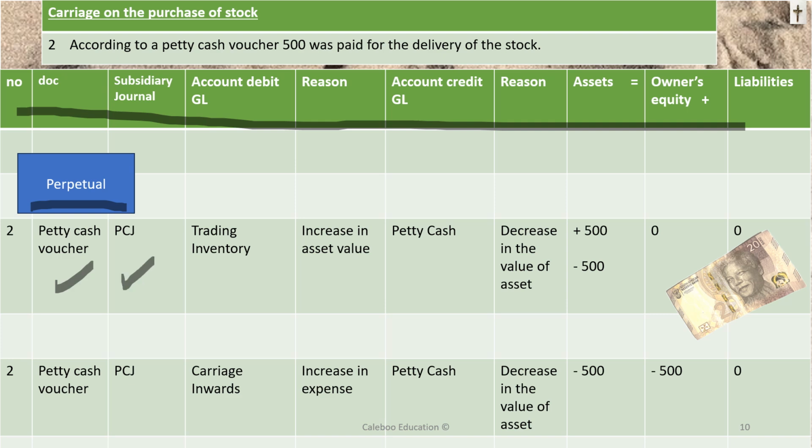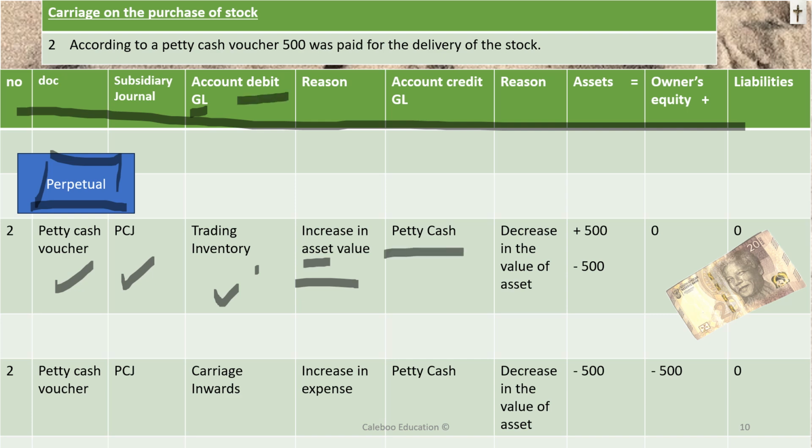It would be recorded in the petty cash journal. The account that is debited is trading inventory, and the reason why trading inventory was debited in the general ledger with the perpetual inventory system is that the value of trading inventory increased. Trading inventory is an asset, and its value in our books increased. Increase in assets, the rule says debit the account.